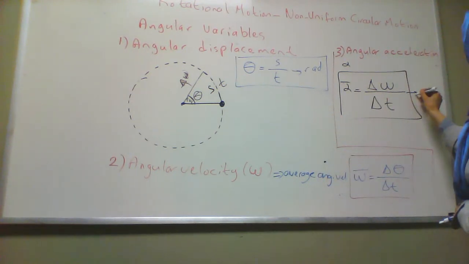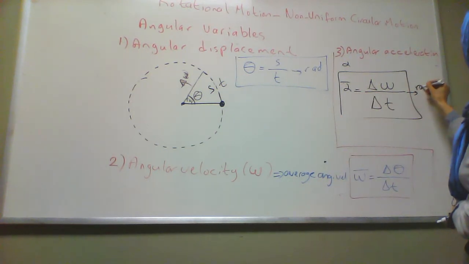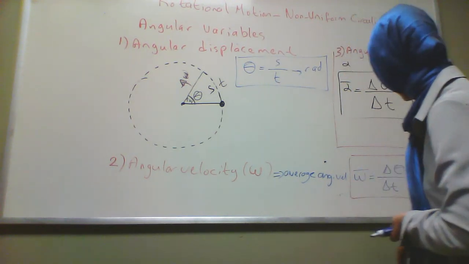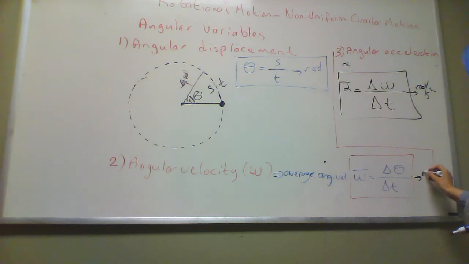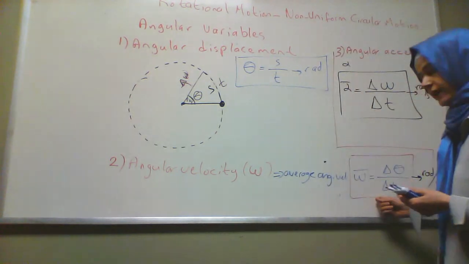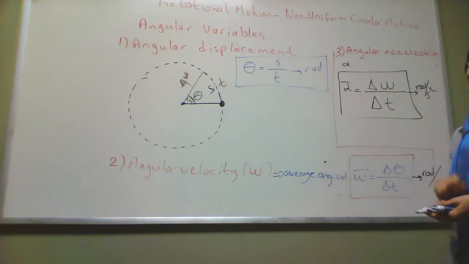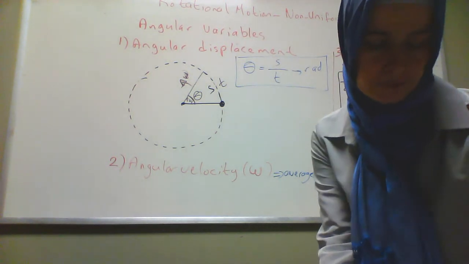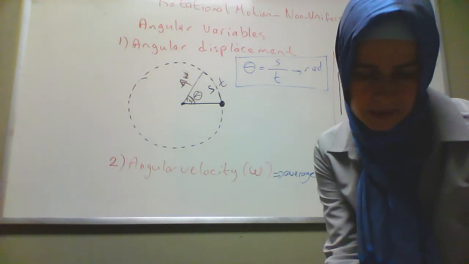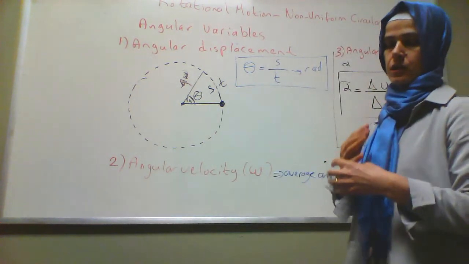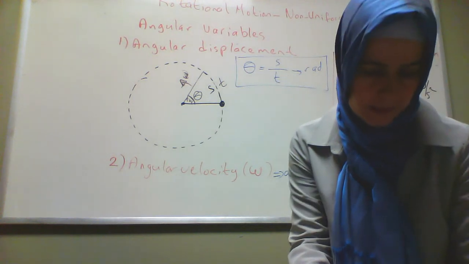The unit for angular acceleration will be rad per second squared, similar to meters per second squared in regular acceleration. And the unit for angular velocity, we already knew, is rad per second. Any given angle again should be in radian to solve for angular velocity, from where we can solve for alpha, angular acceleration. These are the angular variables in this motion. So we have rotation and angular variables.